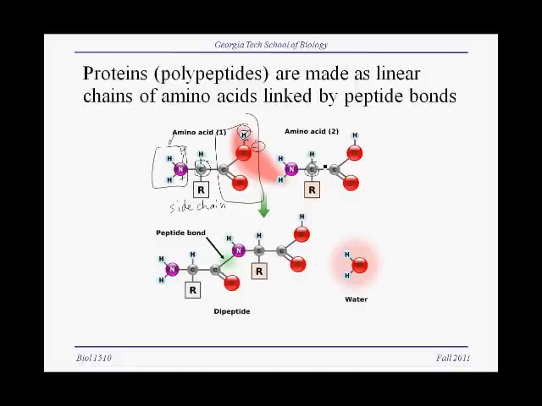This carbon in the middle is called the alpha carbon. So these 3 atoms, the nitrogen, the alpha carbon, and the carboxylic acid carbon, form what's called the backbone atoms.